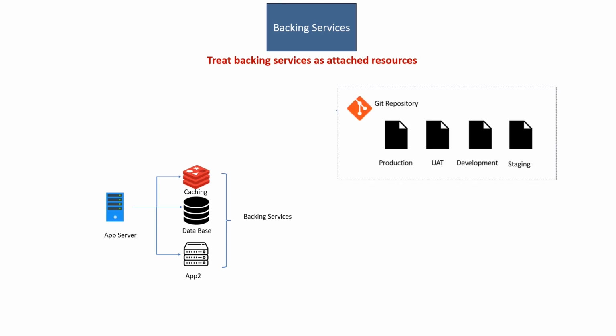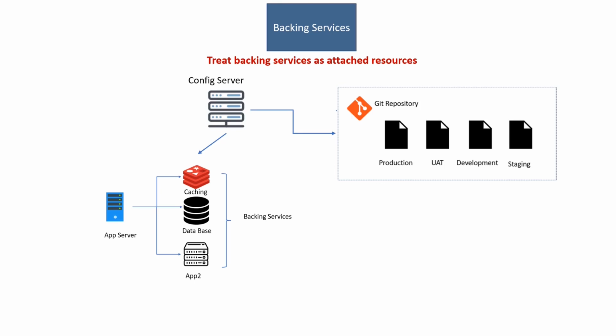So we have to maintain all the backing services separately, like we have seen in the config factor, and basically we have to update them via the config server. Suppose your caching endpoint is changing. That will be updated for that corresponding environment, and then via the config server, you can update it at runtime.